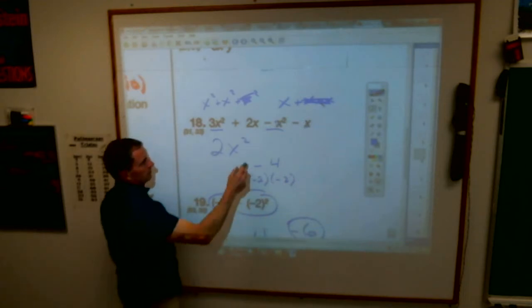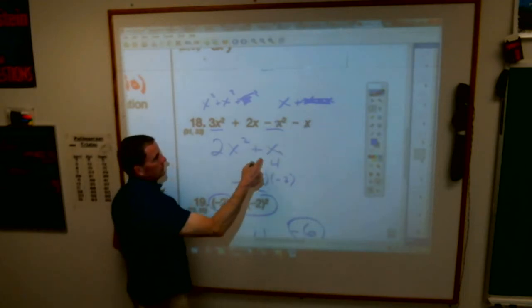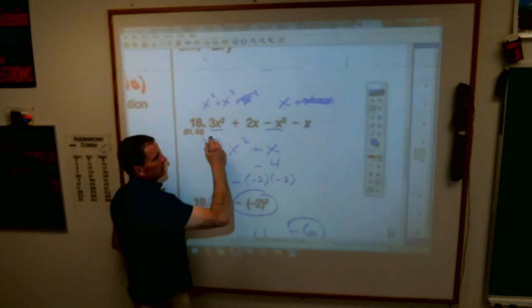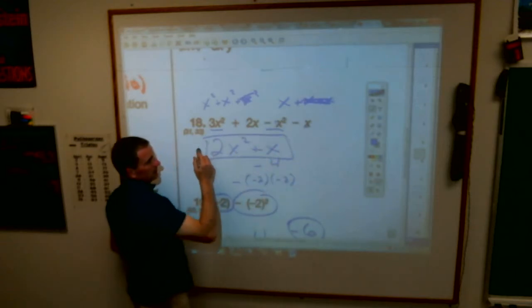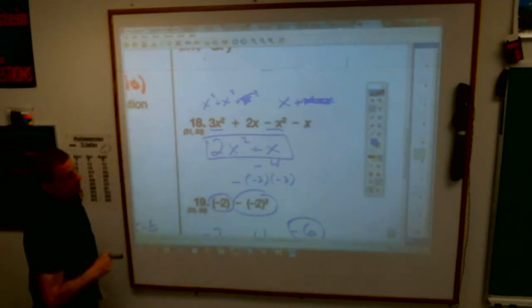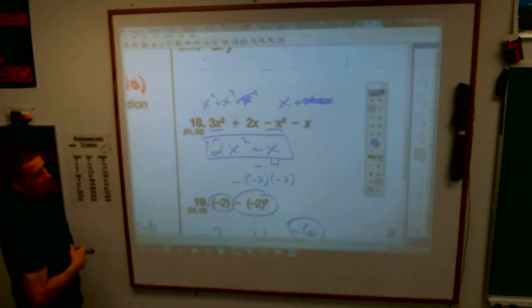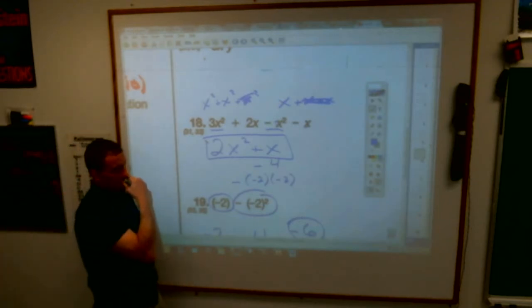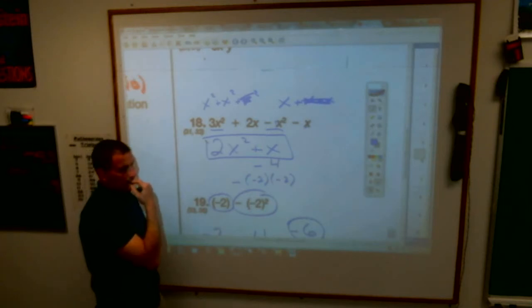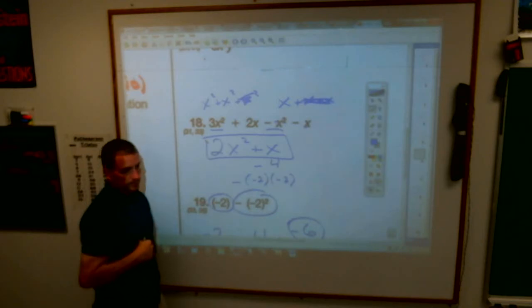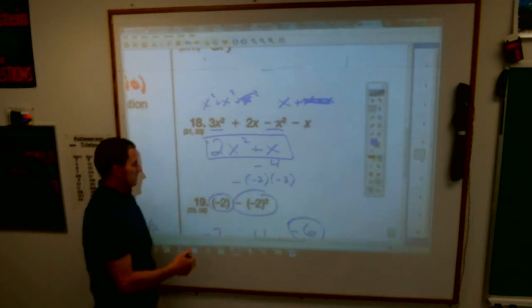What am I left with? Just an x. You cannot put these together. They are different things. Those exponents make them different. It's not multiplication, it's adding, it's subtracting, it's terms. Everybody's happy? Is that on this page?